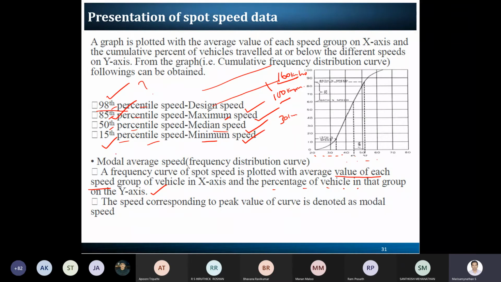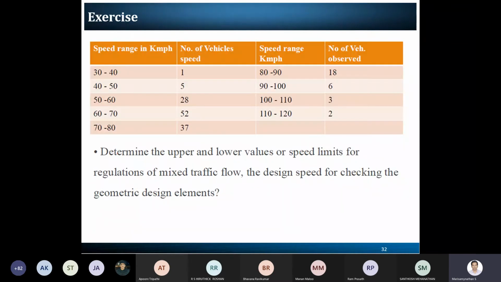So let me explain with one example problem. Okay, this is the problem. The speed ranges are given: 30 to 40, 40 to 50, and so on. Maybe one hour of data is extracted. In that one hour, between 30 and 40, only one vehicle traveled.